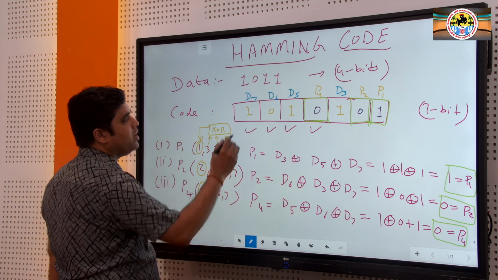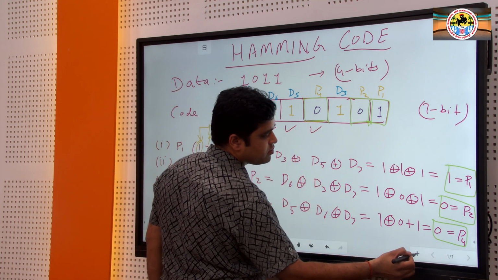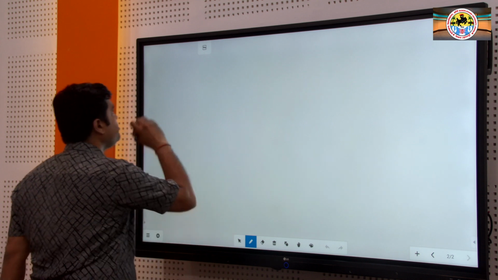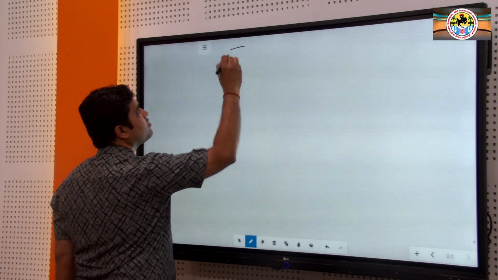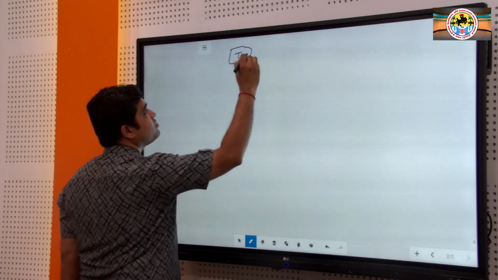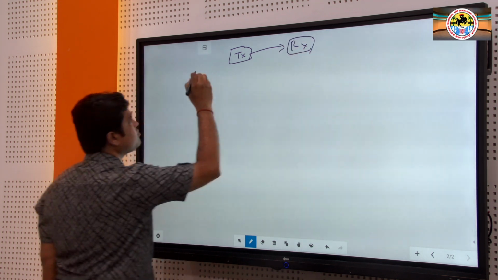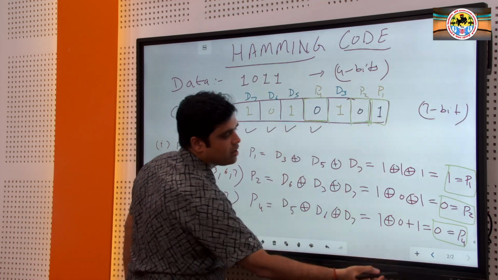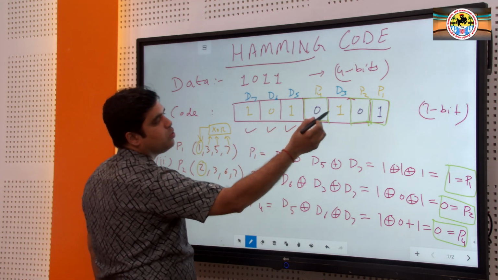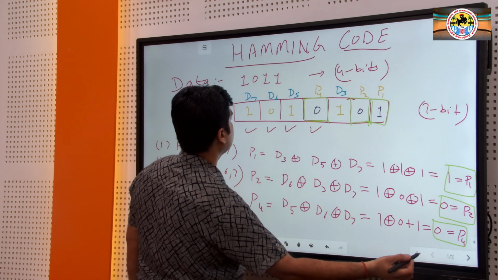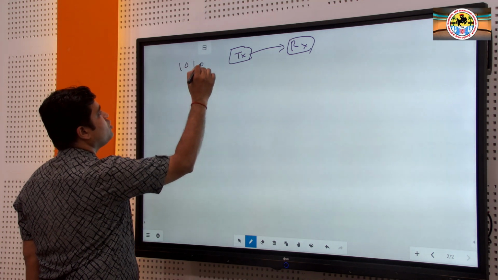So, our example would be 101 0101. At the transmitter end, our data would be 101 0101.